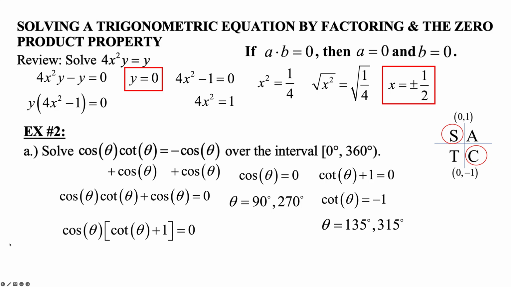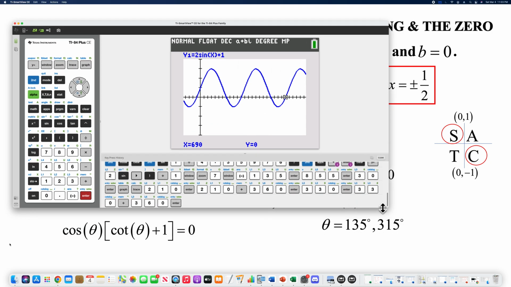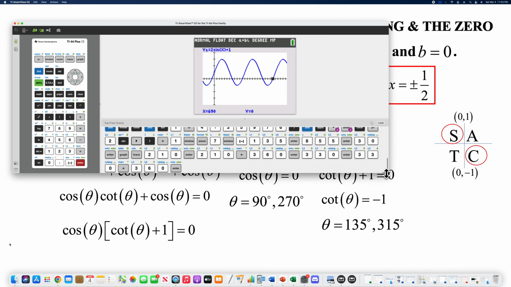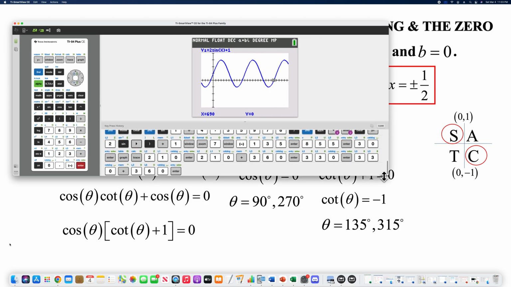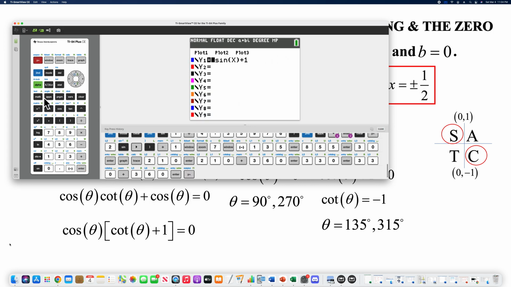Now again, we could bring in our calculator here. We can go to y equals. Let me clear that. So we're looking at cosine of x times cotangent.